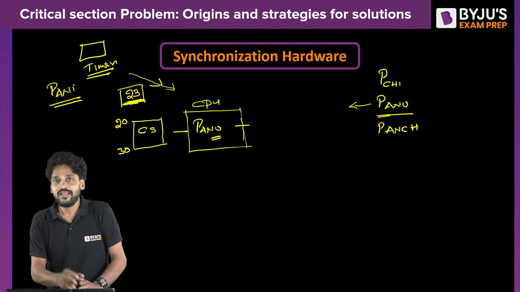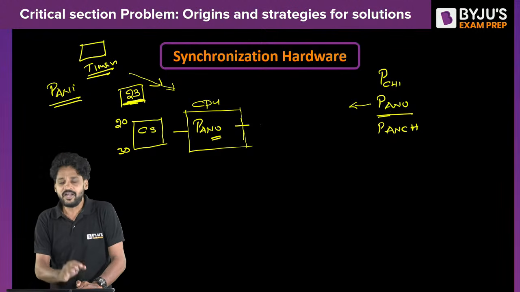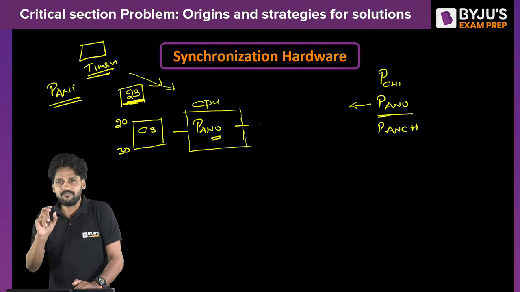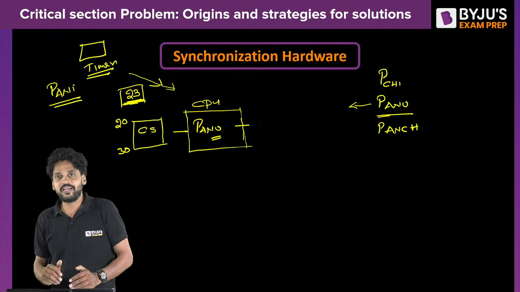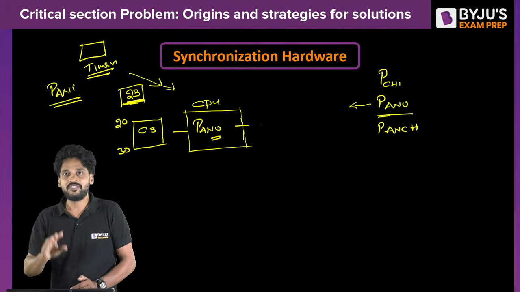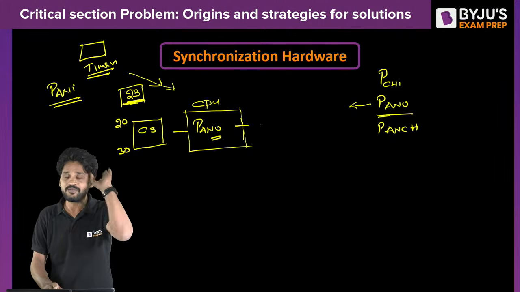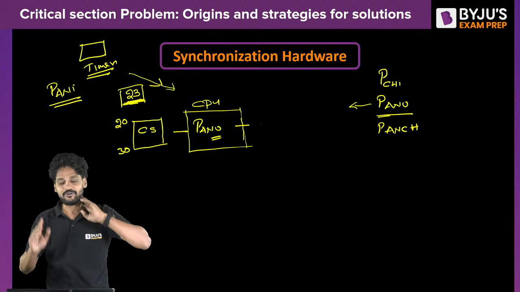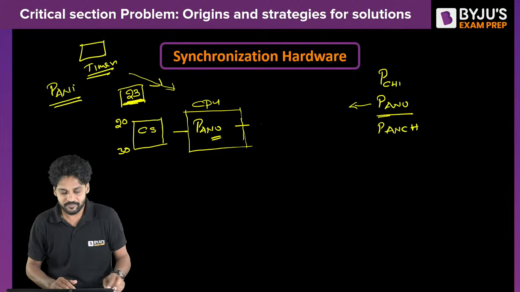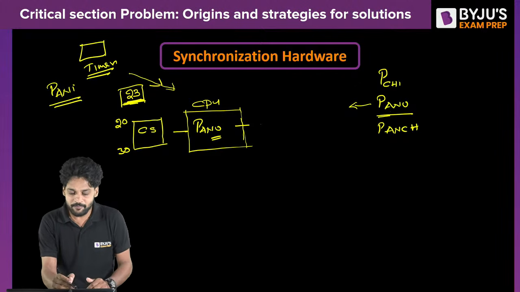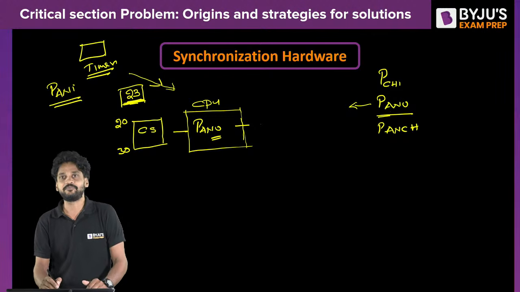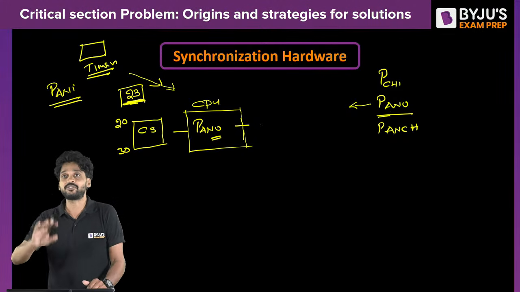Okay, now let me address the very problem. The problem has originated at the interrupts. I need to talk to the system's interrupts directly. I don't want to use any other solution. So what I will do is, whenever a process enters into the critical section, I will disable the interrupts.